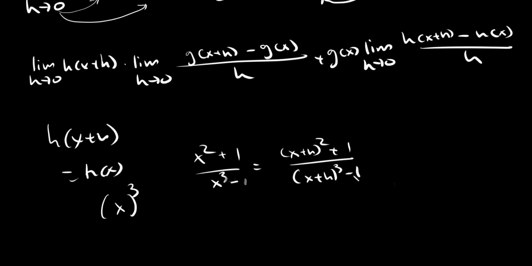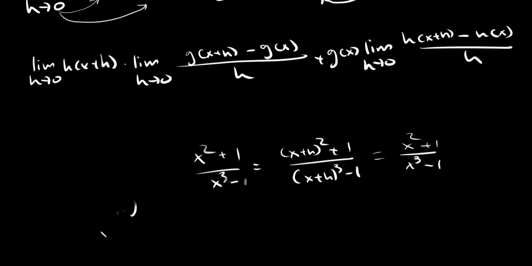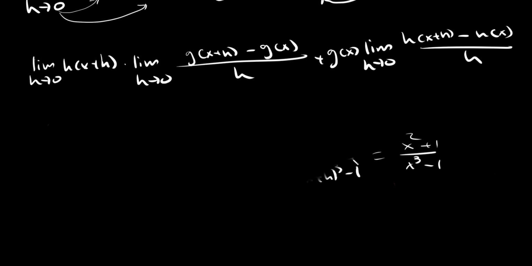There's minus 1 right here, so we'll have a vertical asymptote, but that's not important. So if I just plug in 0 here, I'm gonna get the same thing, right? So when my limit h approaches 0, for my function h of x plus h is going to be equal to h of x.